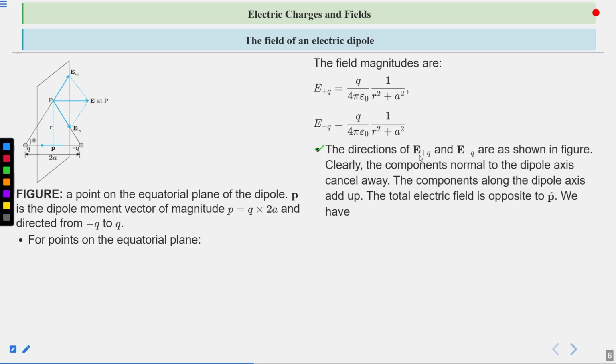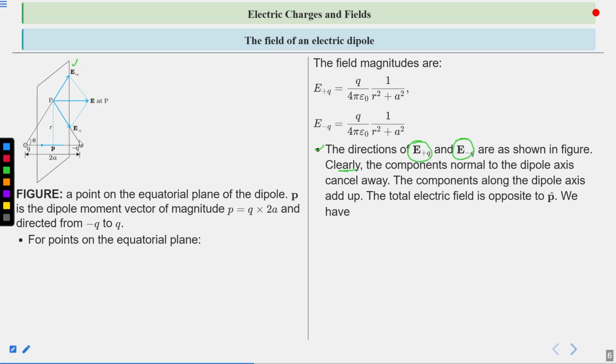Now what will be the net electric field at point P due to these charges? The directions of electric field due to charge plus q and due to charge minus q are shown in the figure clearly. Due to charge plus q, the direction is always away from the charge, because the nature of the charge is positive.